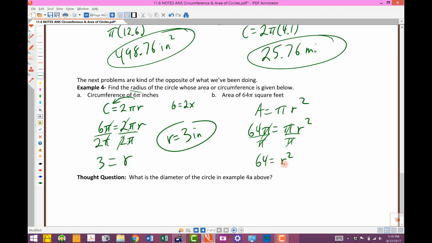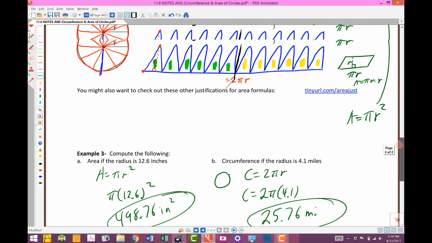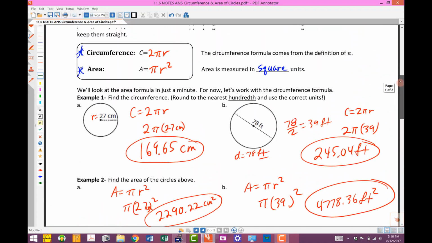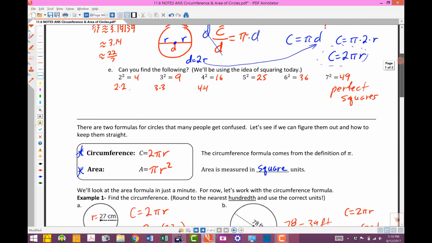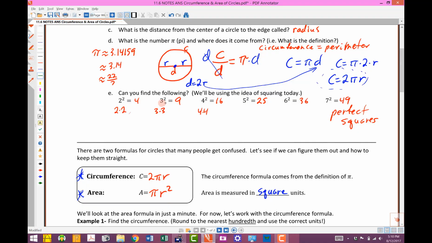So stop and think for just a second. We're going to take whatever number the radius is, and we're going to square it, and we're going to get 64. Now remember, if we come back up here and look at that warm-up question about perfect squares, 2 squared is 4, 3 squared is 9, and so forth. The next one would be 8 squared, and 8 squared would be 64.